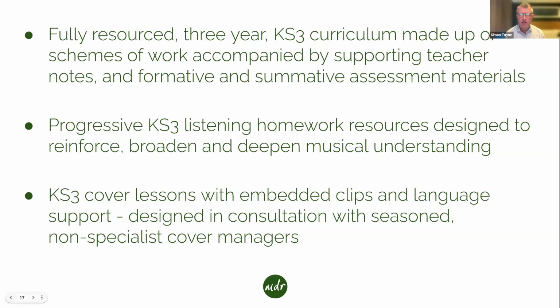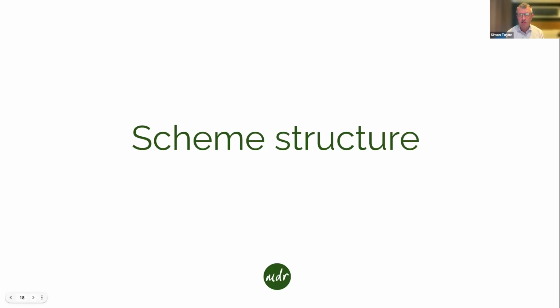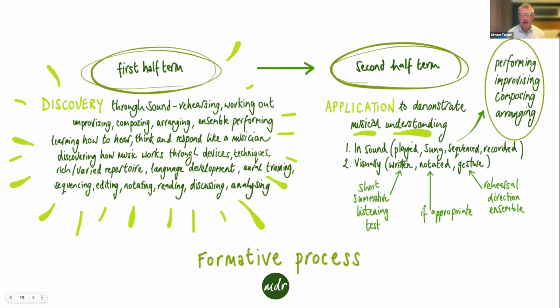Okay, now let's have a look at the structure of a scheme of learning. We've worked together on the principle of each term, by which I mean a full term, housing a unit of learning. And that this unit of learning is about developing their musicianship. It's usually housed by a genre or an idea, but we don't teach the blues to teach the blues, for example.